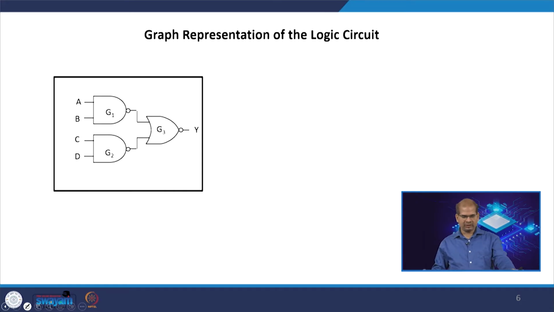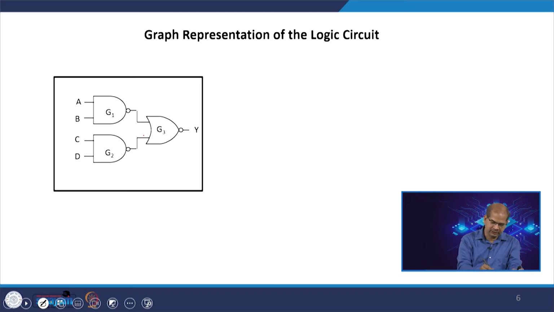On the left hand side, I have a circuit given to us. How can we represent this circuit in terms of a graph? These are the primary inputs, and these are the primary outputs.